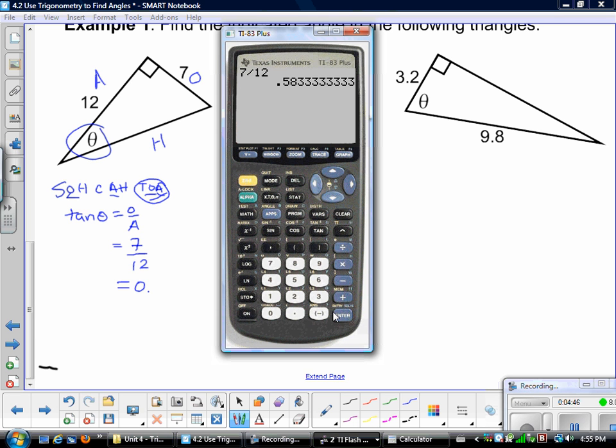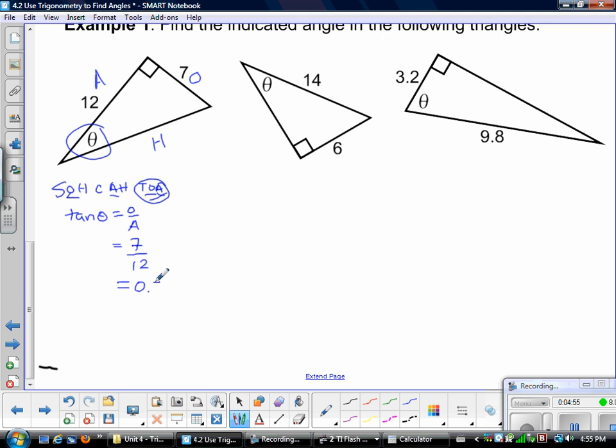Okay, decimal 583, repeating. Now remember, I need 4 decimal places because this is a ratio. So decimal 5, 8, 3, 3. The ratio when I divide those two sides is this decimal.